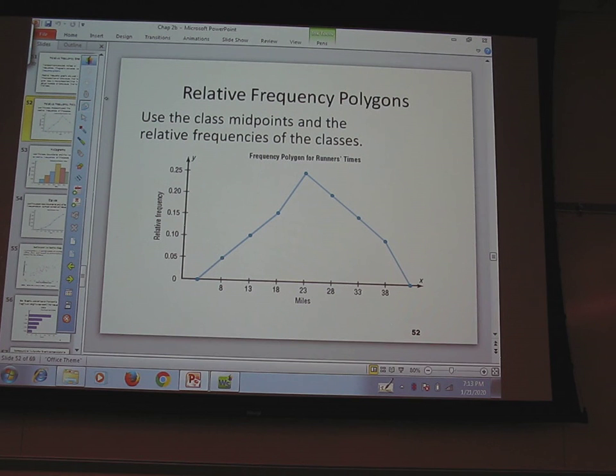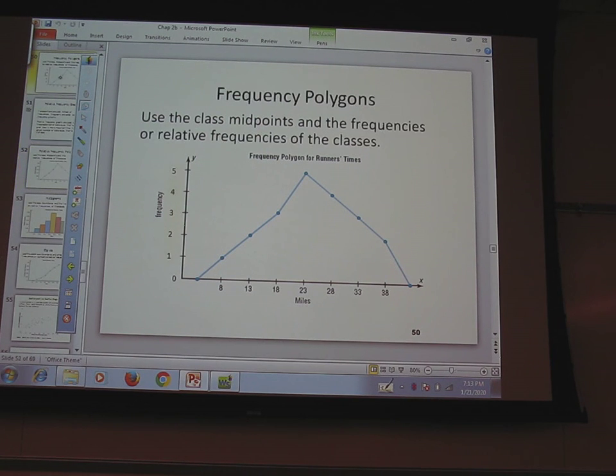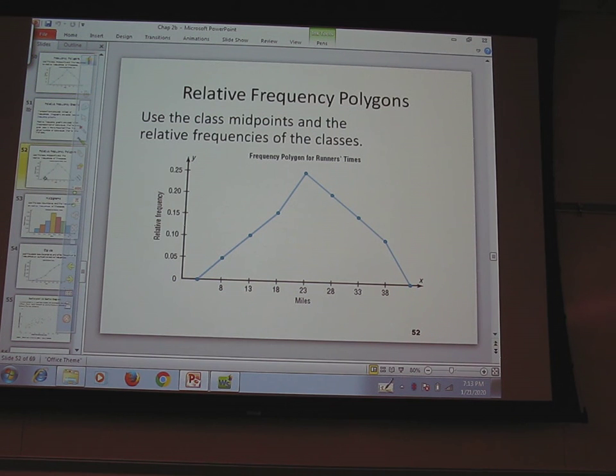Everyone stare at this one and look at that one. The only thing that changed was this over here. Look at the frequency over here, 1, 2, 3, 4, 5. Everyone stare at that for a second. That is the only thing that changed. Everybody follow that? They look exactly the same, just instead of using the numbers, you're using the percentages. It's the only difference.